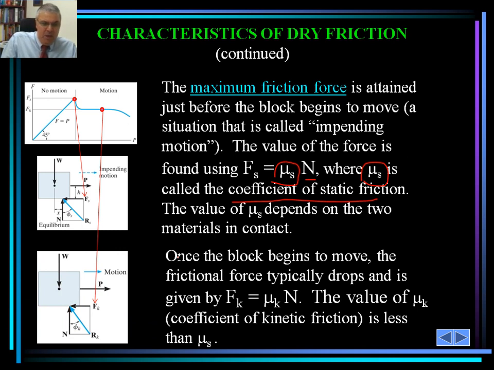After the block begins to move, as I just explained to you, the friction force drops, as shown on this figure, to mu sub k N, and that is called the coefficient of kinetic friction, and that is less than mu sub s because that is after the object gets into motion.